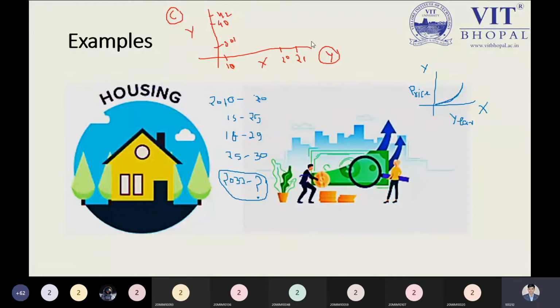So as the years change, I can expect between 2000 to 2025 my house cost will be around 30 lakhs. This is the point I am expecting. If I'm selling my house after 10 or 15 years, suppose in 2032, what would be the cost of my house?